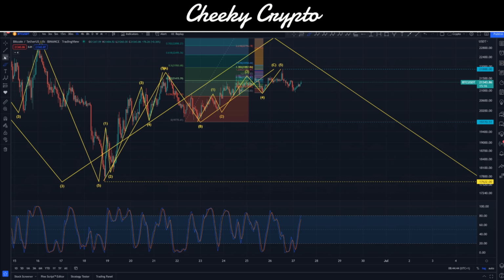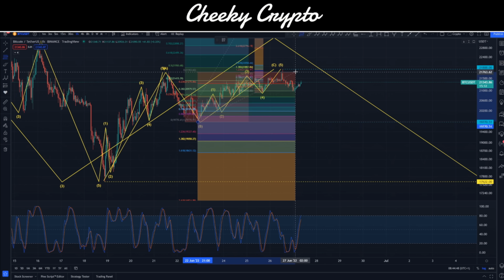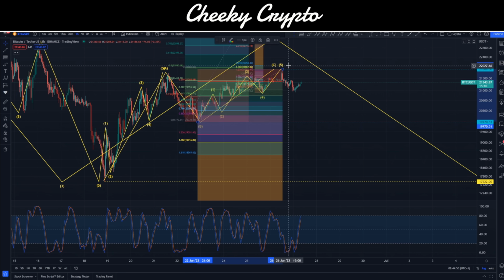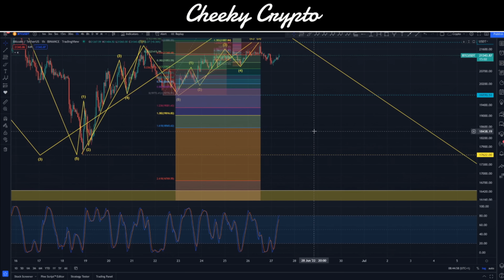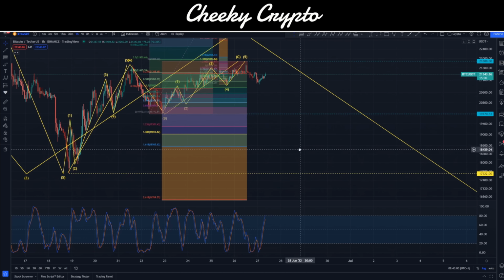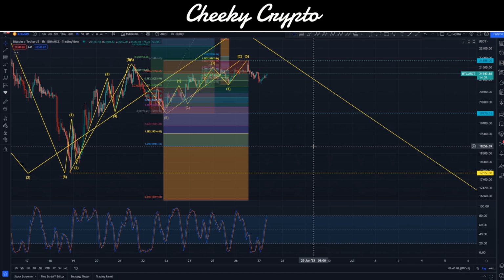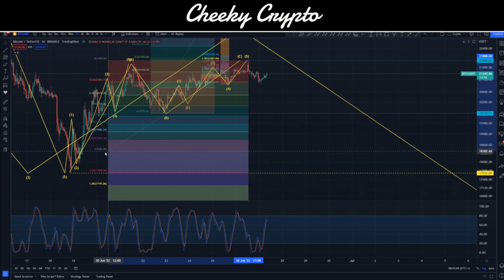Knowing that our most probable scenario is that we're going down here, and this being our top, we hit the top here at 21,888, and that completes the zigzag pattern of 5-3-5 structure. Then how low does our final fifth wave actually drop? It actually has to come all the way down here.